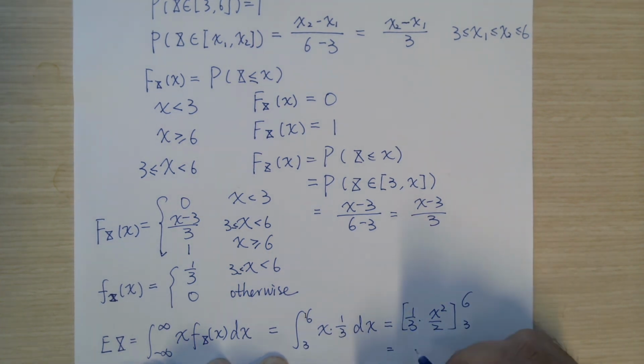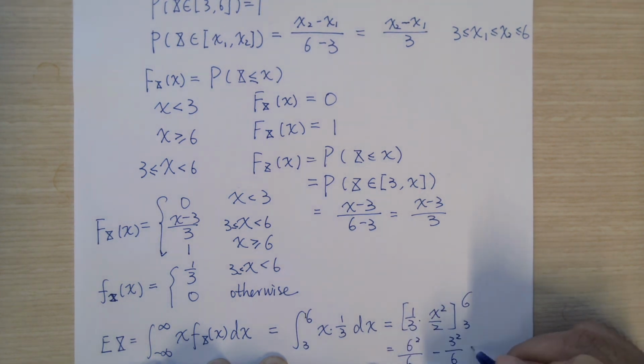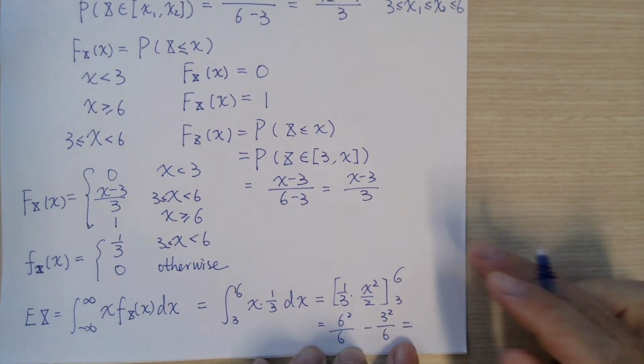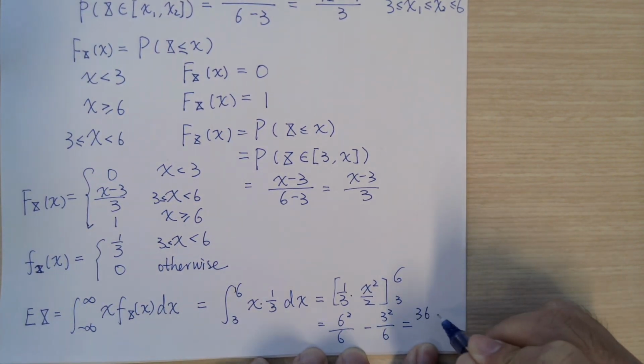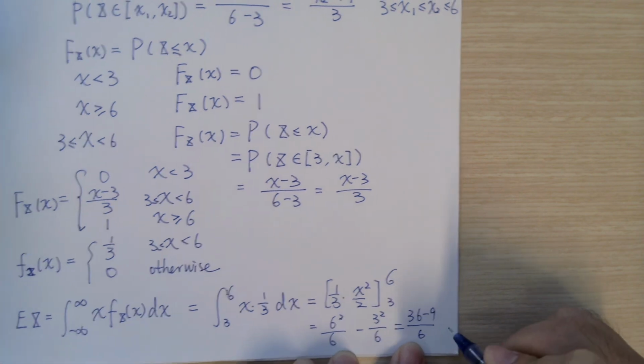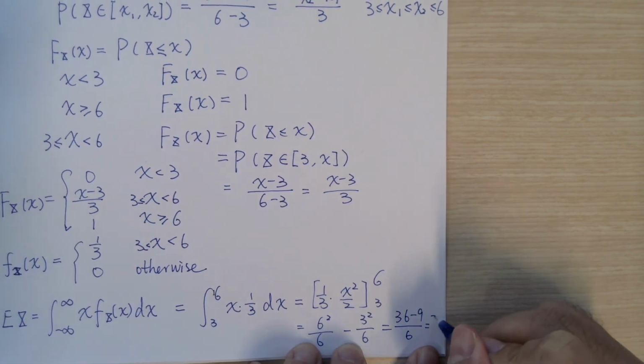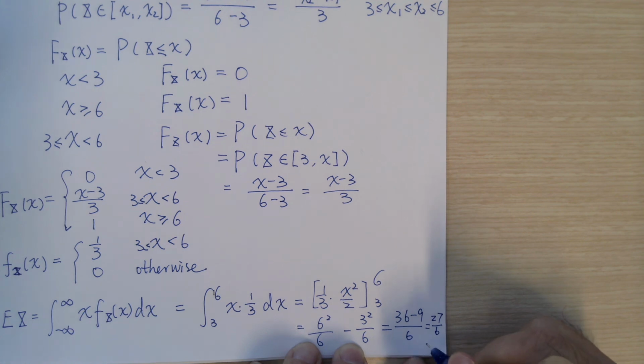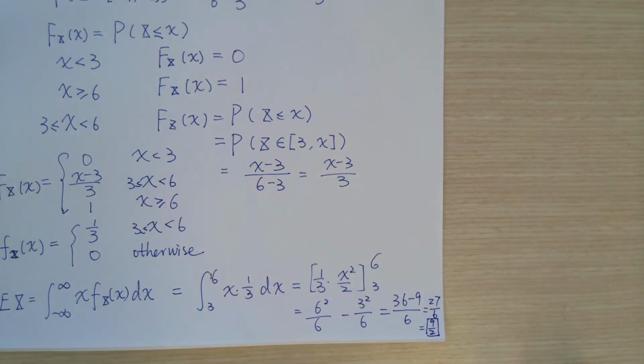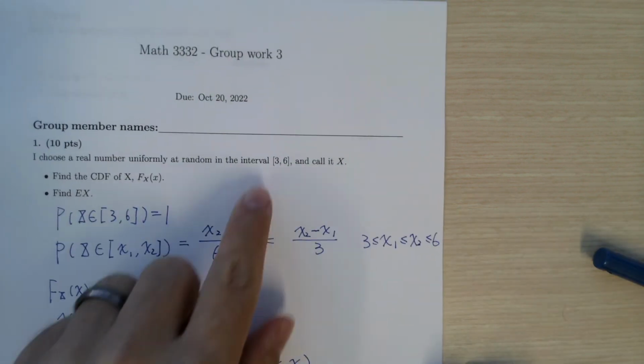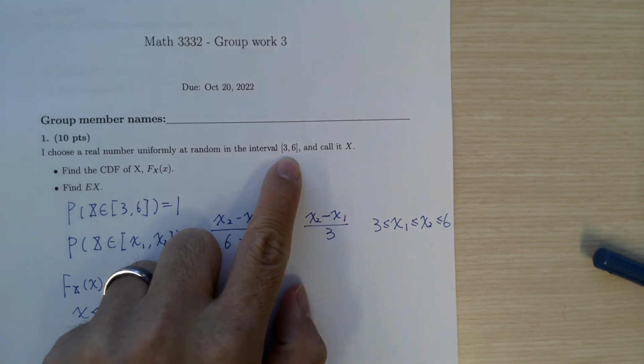So as you can see, it's 6 squared over 6 minus 3 squared over 6, so it's (36 minus 9) over 6. So it's going to be 27 over 6, or 9 over 2. Okay, 9 over 2, so that is the expectation. As you can see, this expectation is exactly the middle point. Okay, so that's the first part.